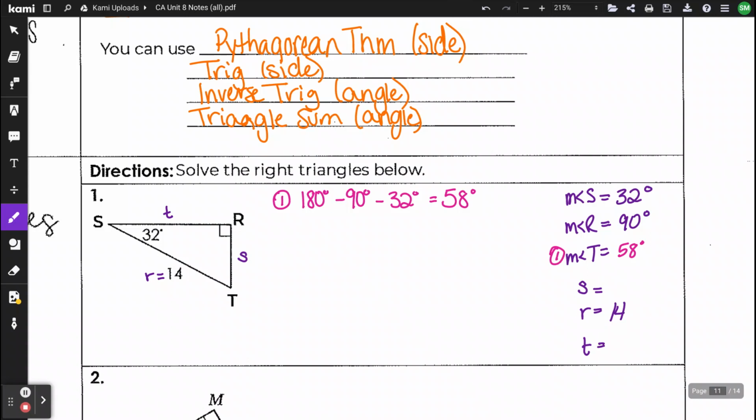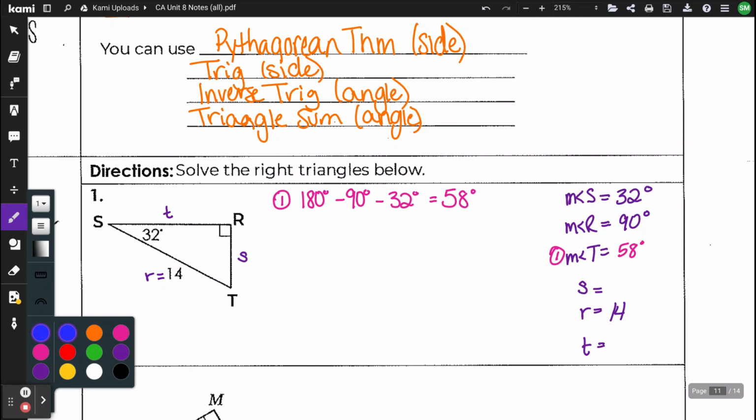Okay. From here, it doesn't matter where you go. So let's just find side S. We can find side S or side T, doesn't matter. When solving for sides, we're left with the Pythagorean theorem or trig. Because I only have one other side, I can't use the Pythagorean theorem, so we're going to use trig.